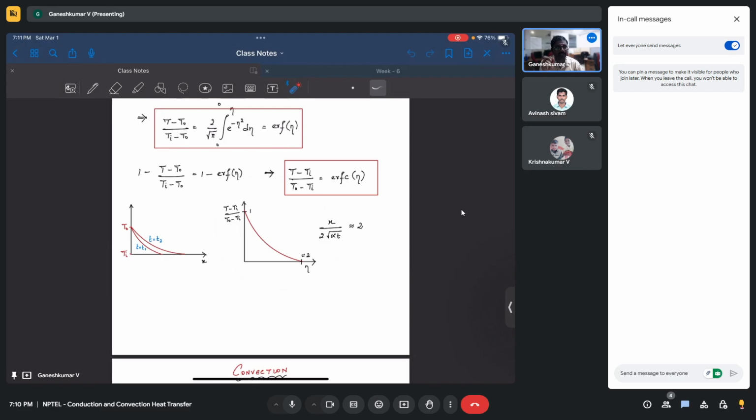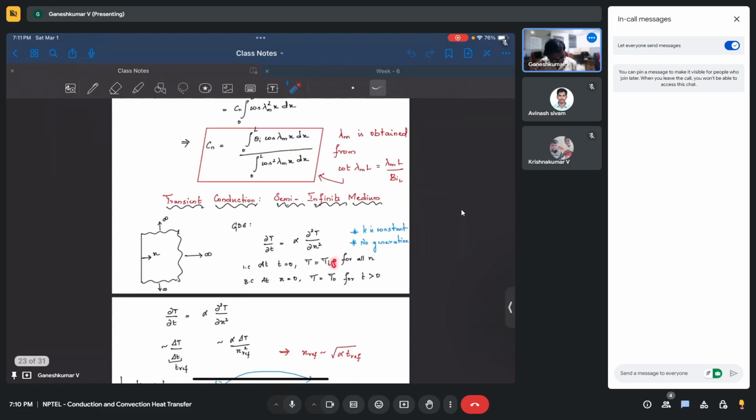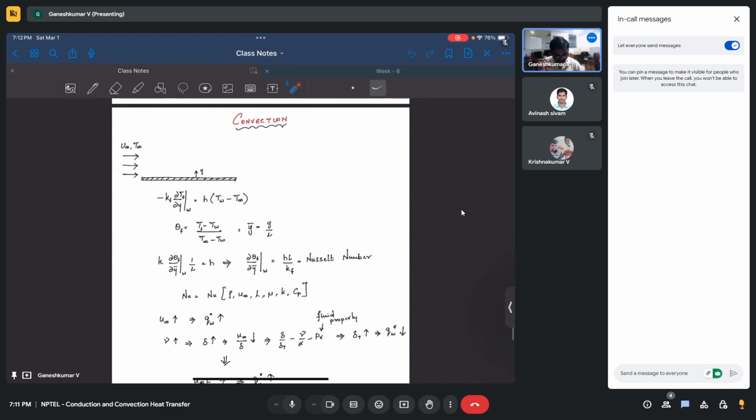The only understanding you need to get is while deriving the governing equation, your initial condition, and boundary condition. This depends upon the problem, and you should be able to derive this governing equation. That is something I would tell you here.